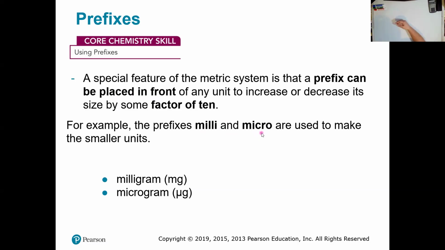So if you have, for example, the unit gram and you put the lowercase m in front of it, it becomes milligram. And a milligram is smaller than a gram. And we'll look at how much smaller when we look at the table with the equalities inside of it.